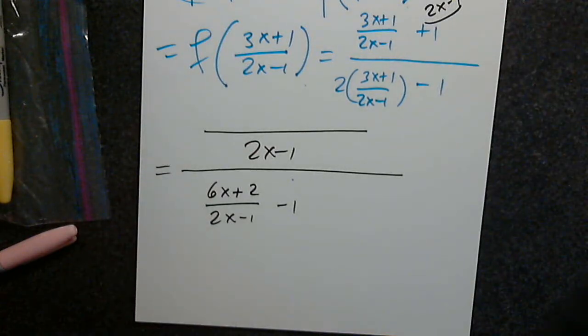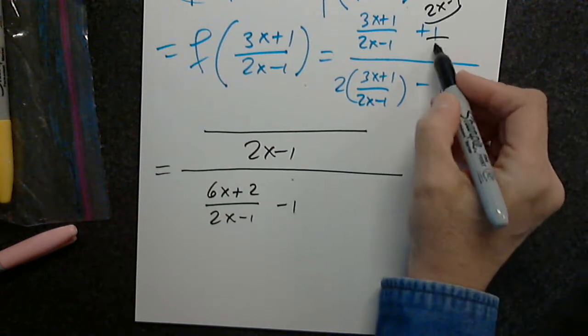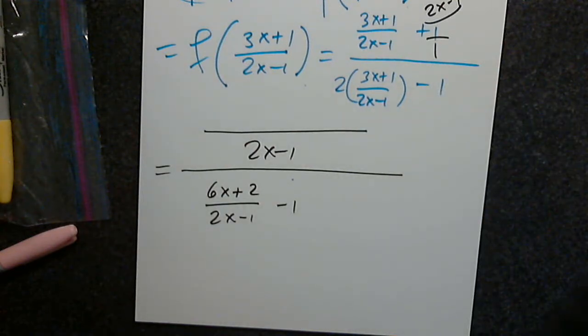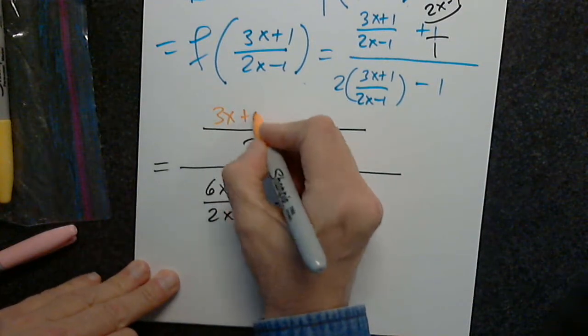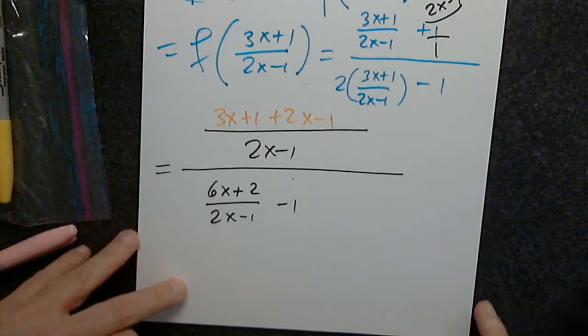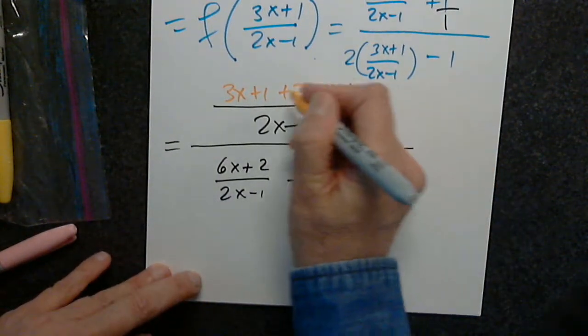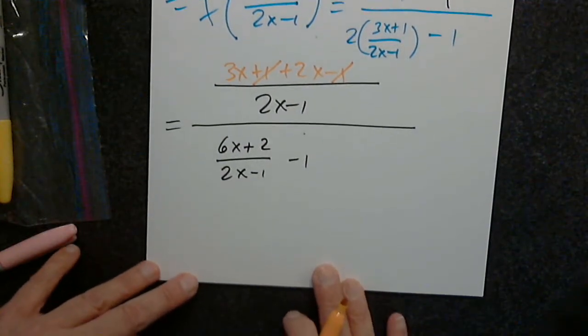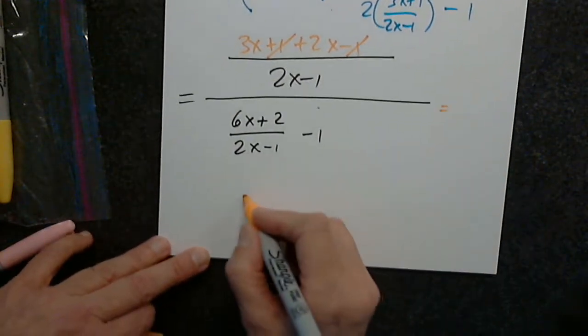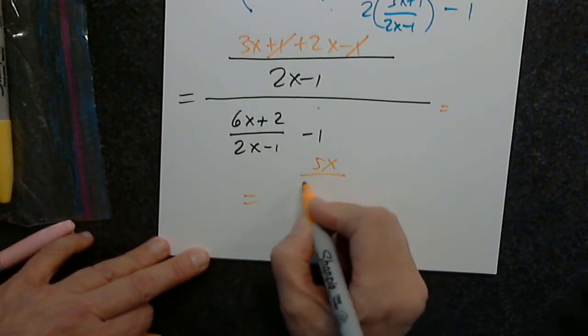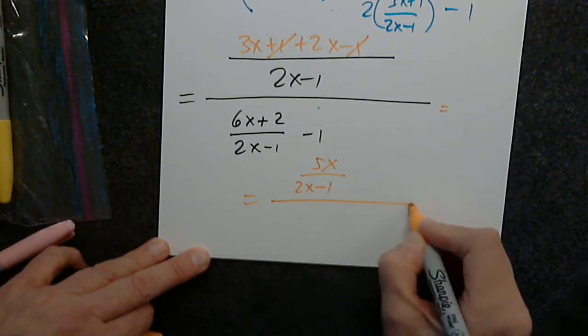We need to multiply the top of that fraction by 2x minus 1. Can anyone dictate the top here? Very good. 3x plus 1 plus 2x minus 1. Awesome. Thank you. Obviously, these two will go away. So for now, I have 5x over 2x minus 1.